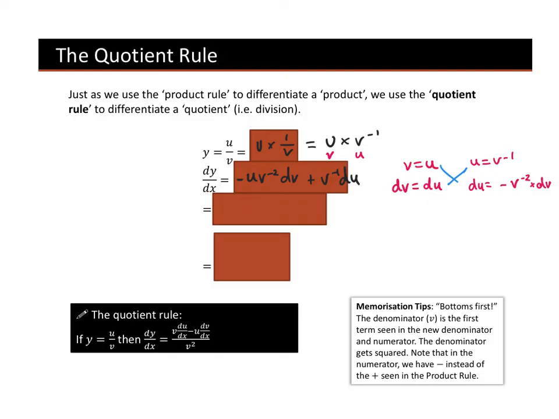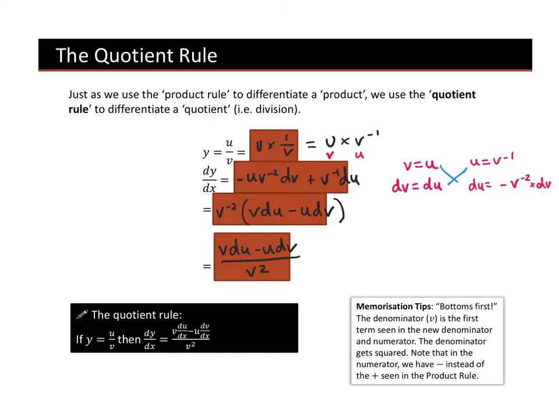Now they both have a v to the power of, if I take out v to the power of minus 2, I'm going to have v du minus u dv over v to the minus 2, which is v squared.